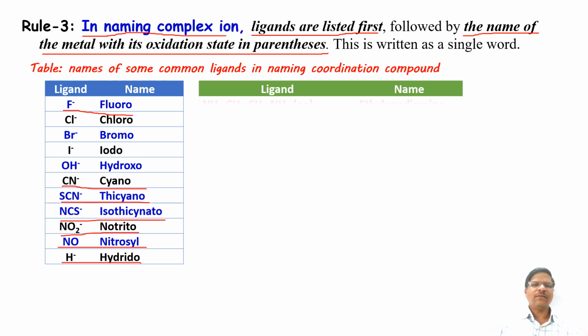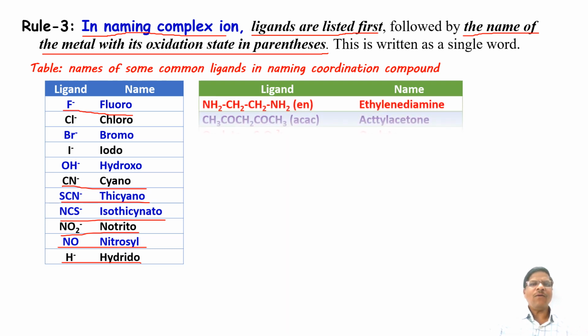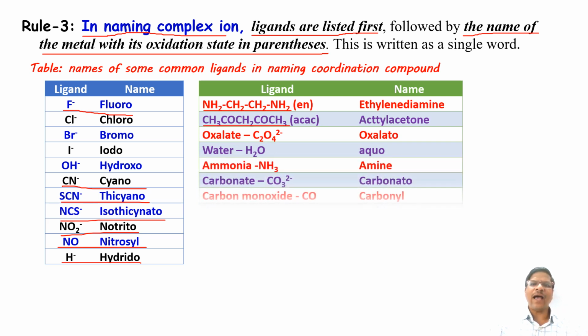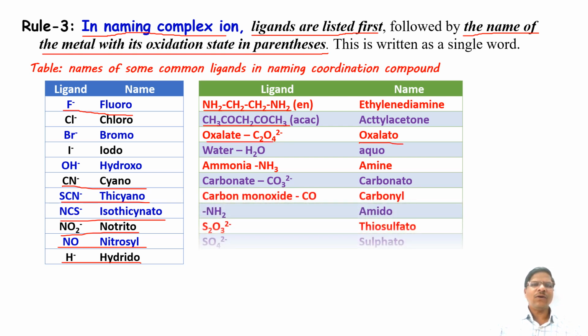Then we have another list. We have ethylenediamine, NH2CH2CH2NH2, labeled as ethylenediamine. Acetylacetone, ACAC, labeled as it is. Oxalate anion, labeled as oxalato. Water, aqua.